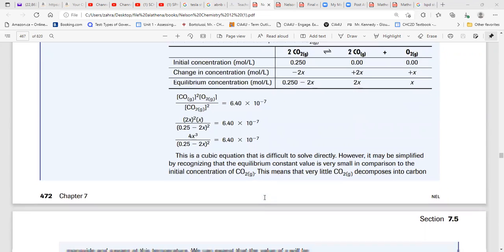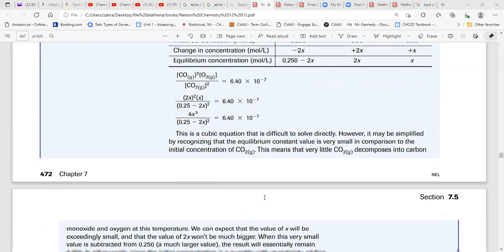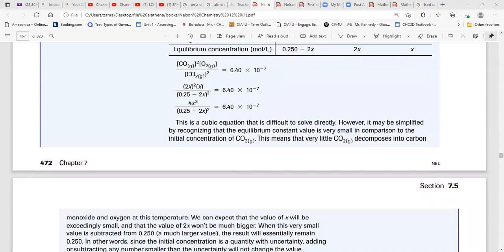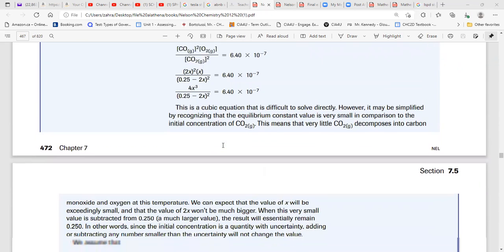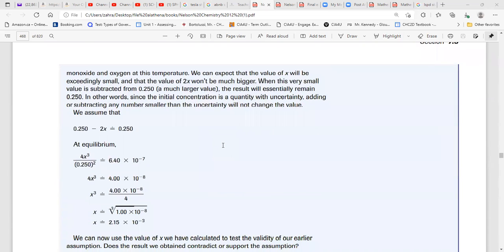Okay, looking at this, we can use the 100 rule. Be careful how we do that.